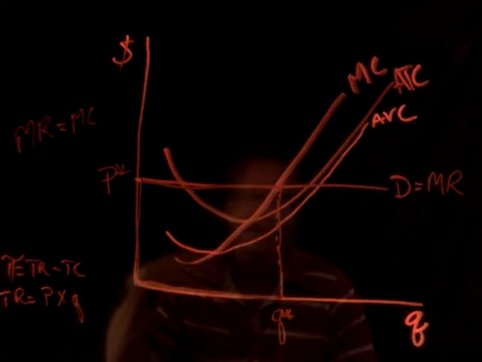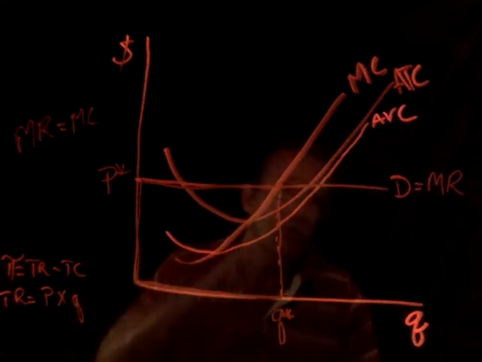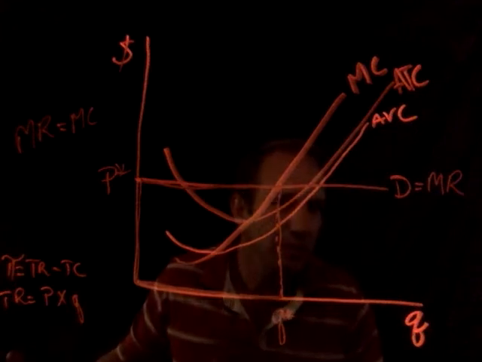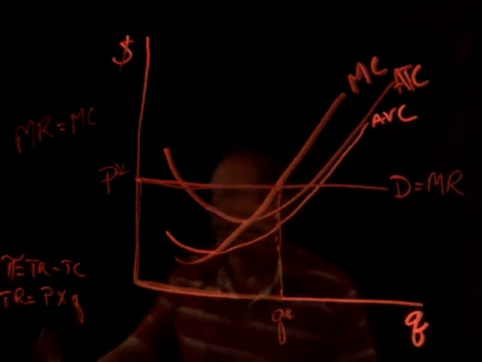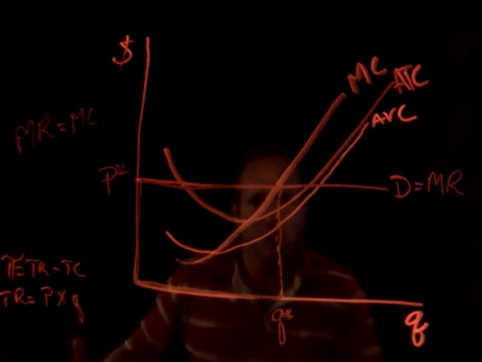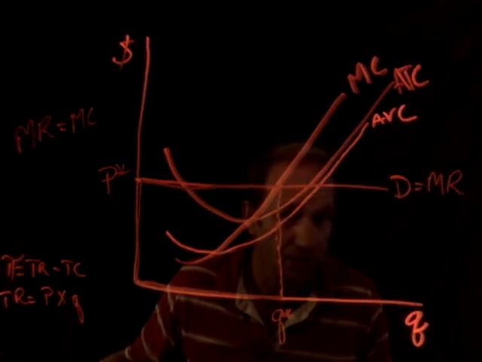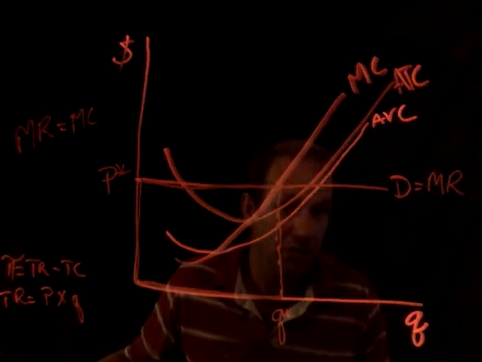Well, remember my lay definition of average total cost? That's cost per unit. What is cost per unit times the number of units? That's total cost. So I can get total cost.